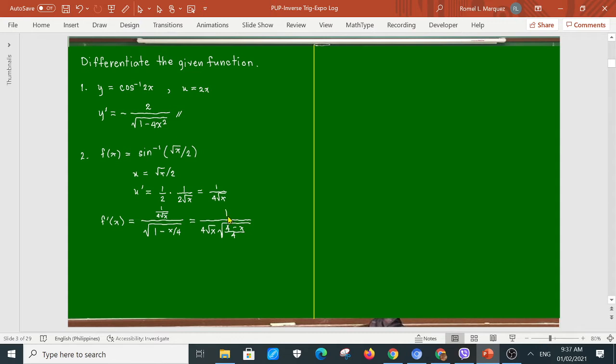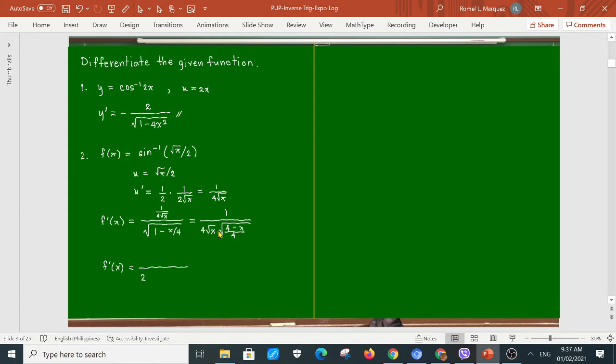Taking the square root of 4, which is in the denominator of the radical, that is 2. So 4 over 2 is 2. So hence, the denominator now is 2.